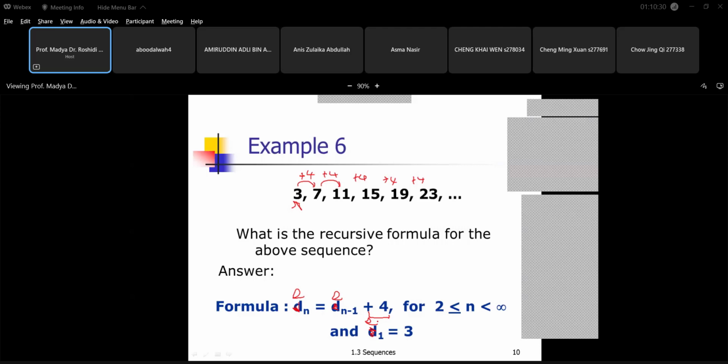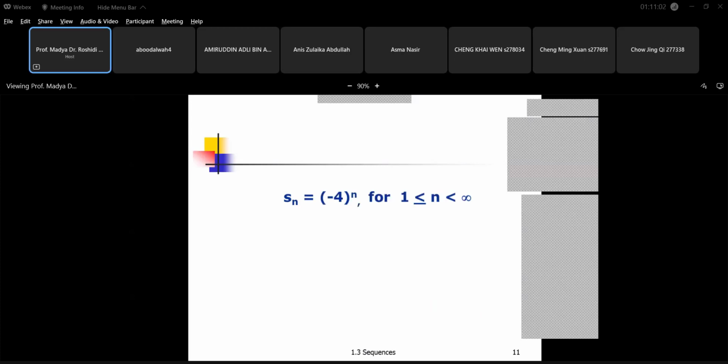Whatever variable you use, we must be consistent with that variable. So for this example, we utilize dn equals dn minus 1 plus 4 for 2 less than or equal to n less than infinity. Why 2? Because here dn and dn minus 1. Less than infinity because here we do not have equal. So d1 equals 3, referring to the first value. Okay, another example.